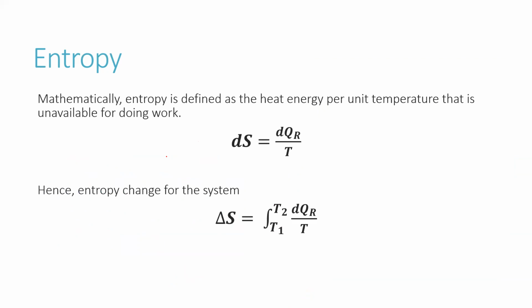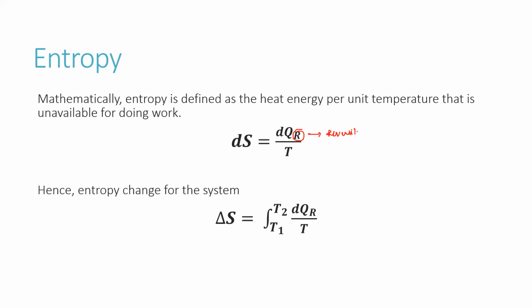Mathematically, entropy is defined as the heat energy per unit temperature that is unavailable for doing work. So delta S, or in differential terms, dS is equal to dq_r by T. The subscript r actually means reversible.